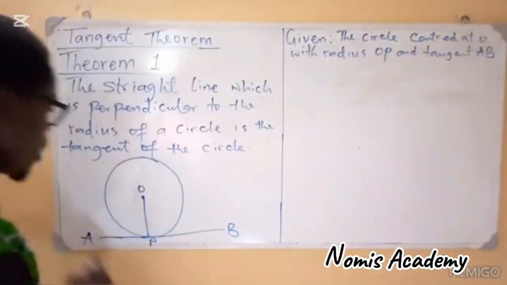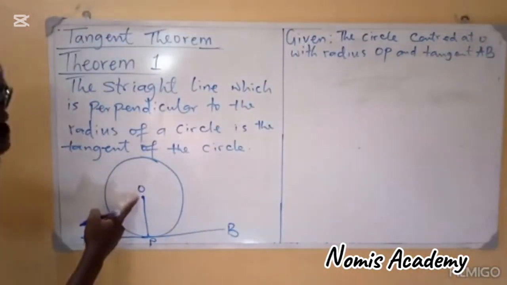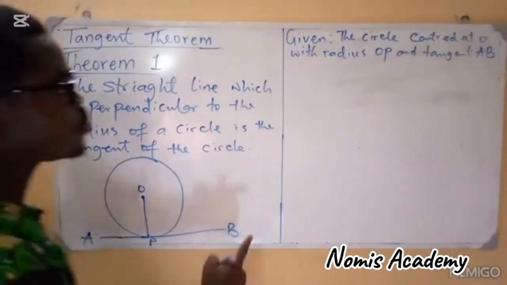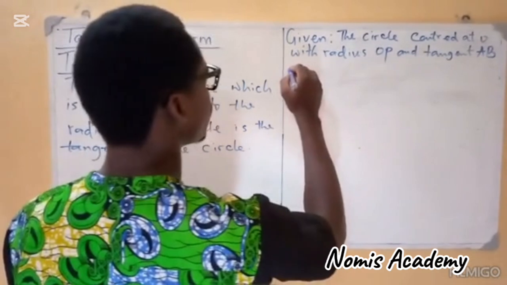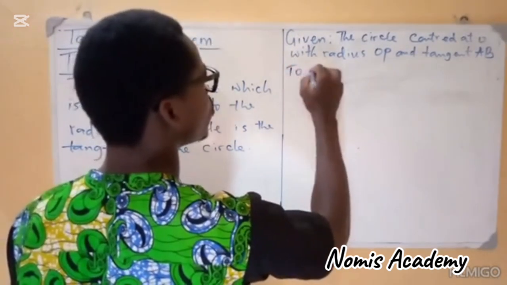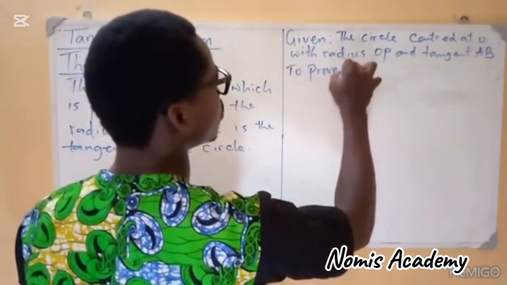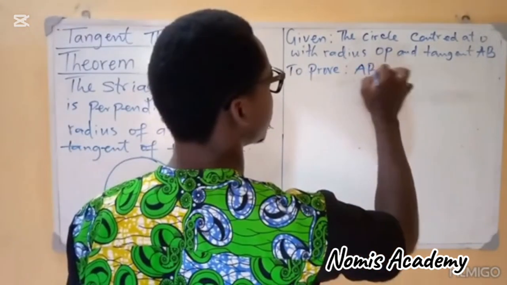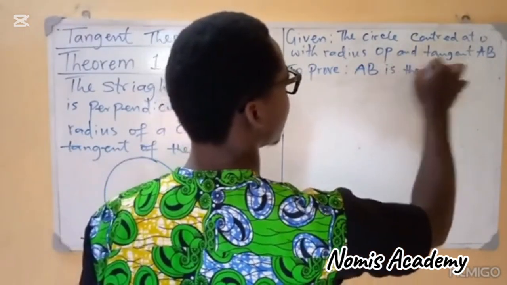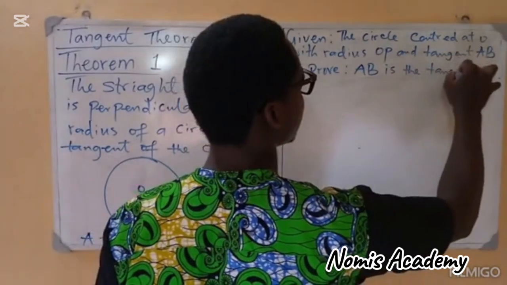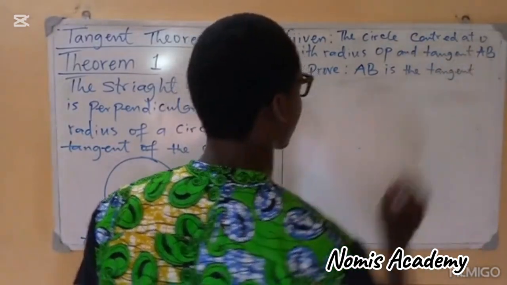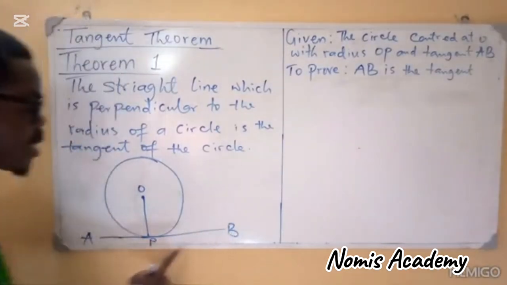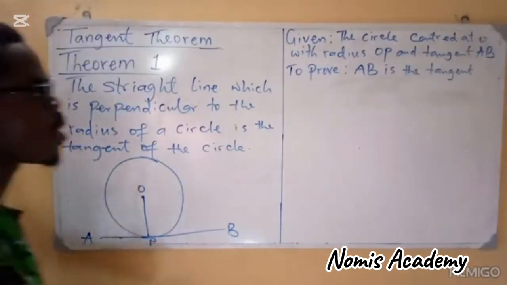So we are given a cycle centered at O with radius OP and a tangent AB. We are to prove that AB is the tangent to the cycle. We have to prove that AB is the tangent to this cycle.